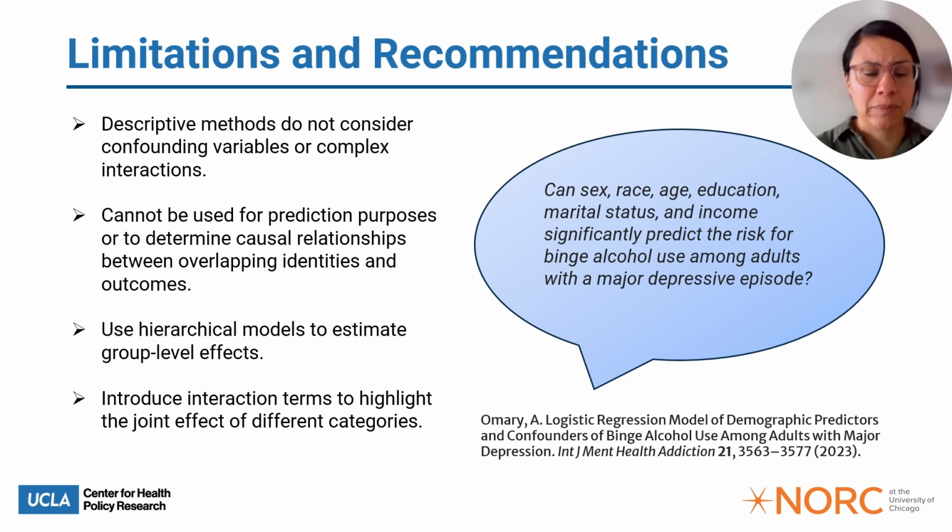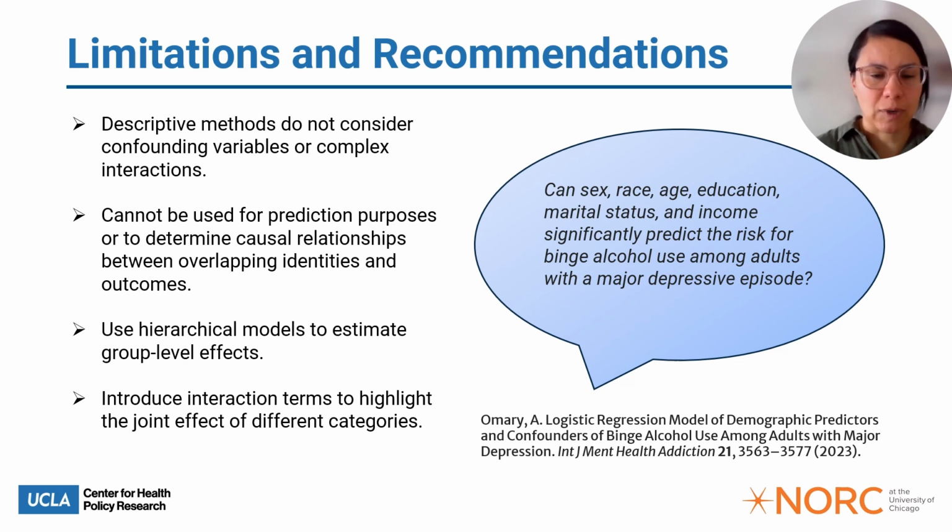such as modeling, and particularly use, for example, hierarchical models to estimate group level effects. Additionally, if we want to answer more complex questions on possible interactions, then we have to introduce interaction terms in our modeling approach to highlight the joint effect of different categories.